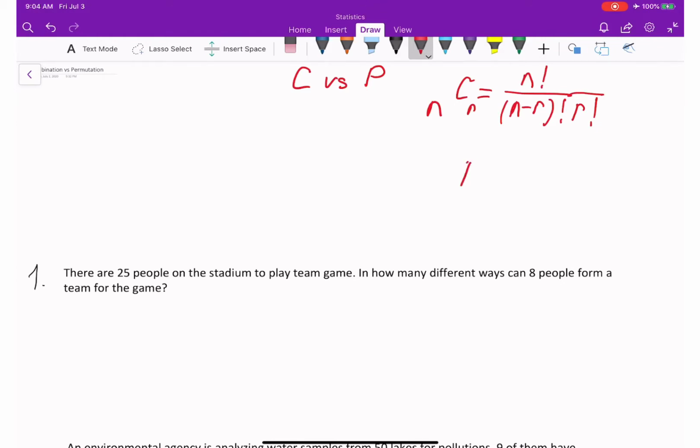And permutation, selecting r out of this n, is equal to n factorial over (n minus r) factorial. So real quick, let's understand what factorial is.